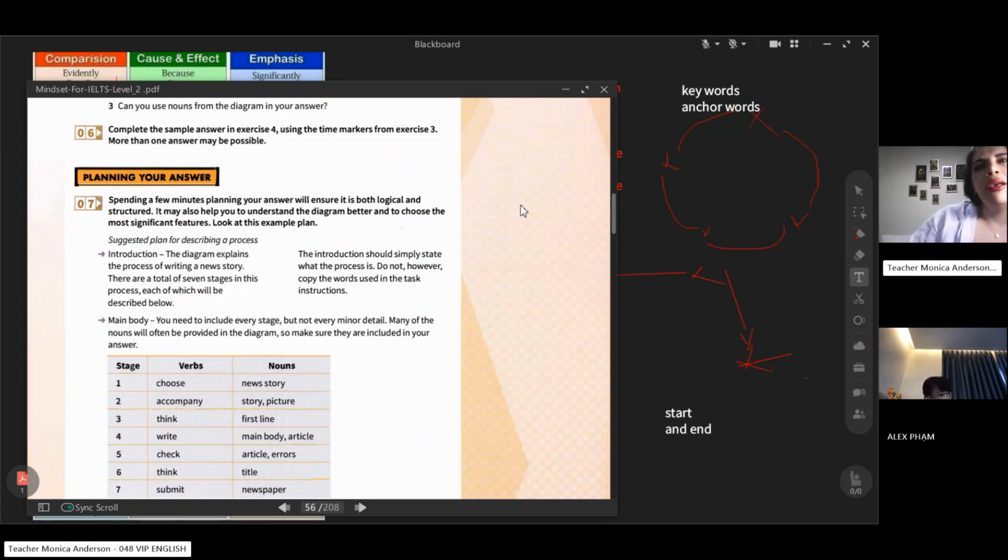For example, when you know how to write about a line graph, and you practice, maybe you do 2 or 3 line graphs, you write essays. After that, for number 4, it will be really easy because you know, okay, for the introduction, I can use these phrases.